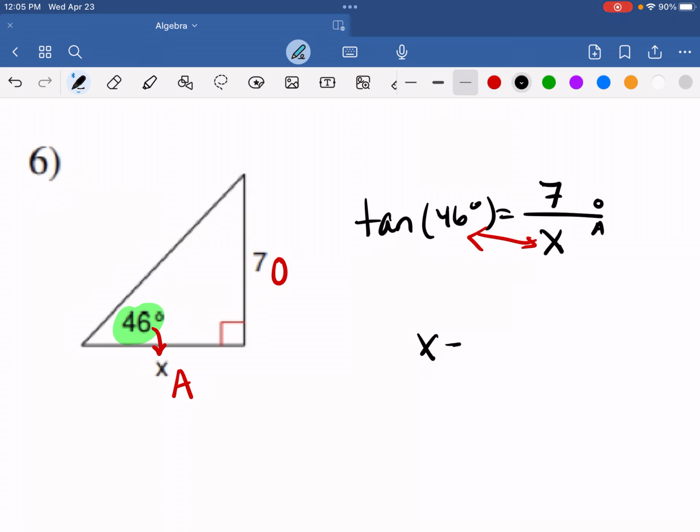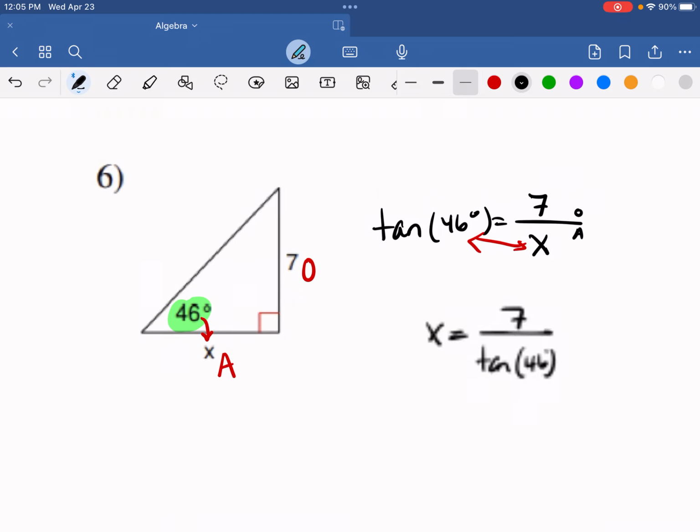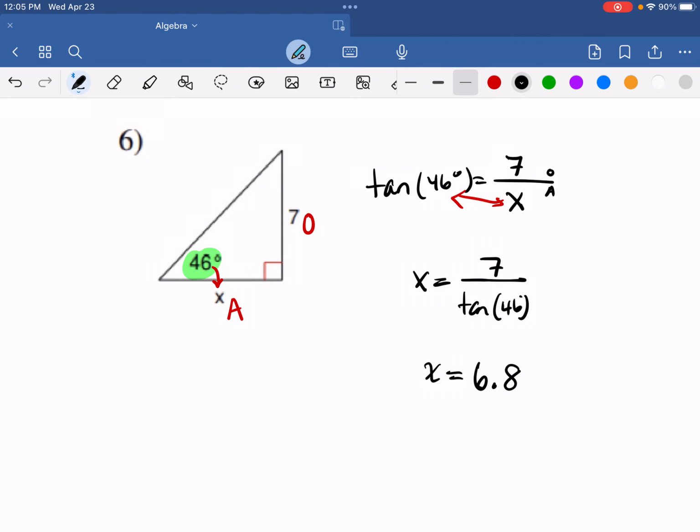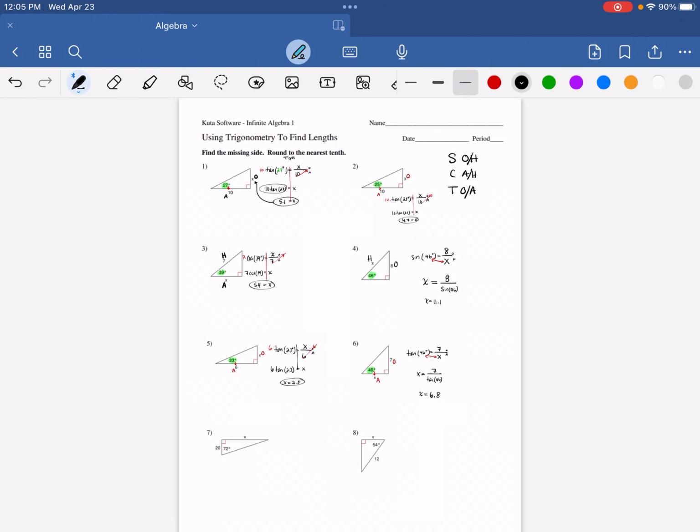So it's going to be X, 7 is still at the top, and then tan 46 on the bottom. We type that into the calculator. And we get 6.78, which is 6.8. Okay, so you should be able to finish the worksheet and a Delta Math assignment.